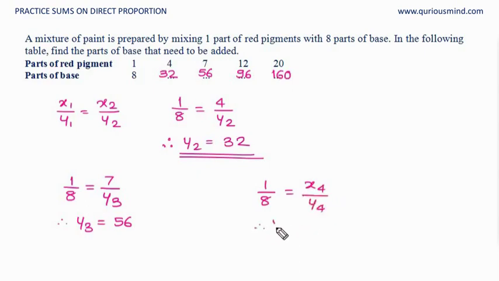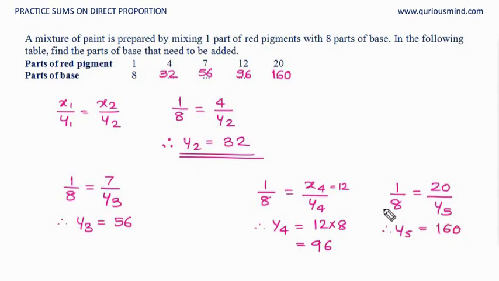And therefore y4 is going to be equal to, x4 here is 12, so 12 into 8, and that is 96. Same way, 1 upon 8 is x5, x5 is 20, 20 upon y5. And therefore y5 is going to be 20 into 8, which is 160.